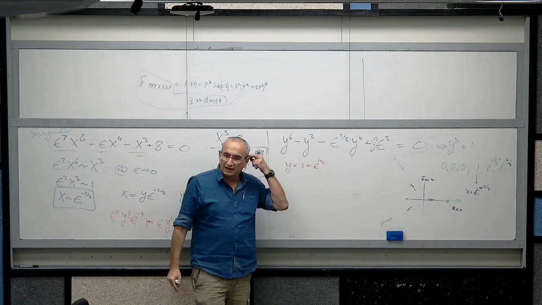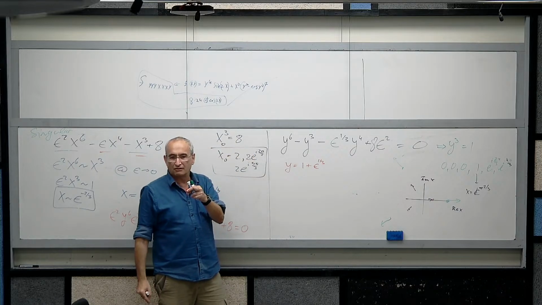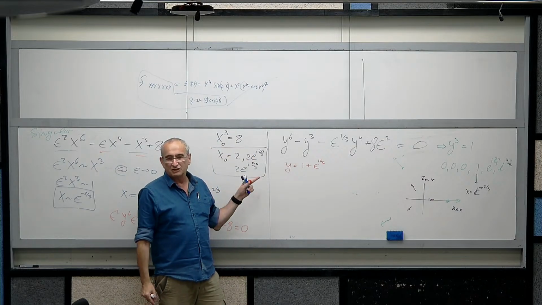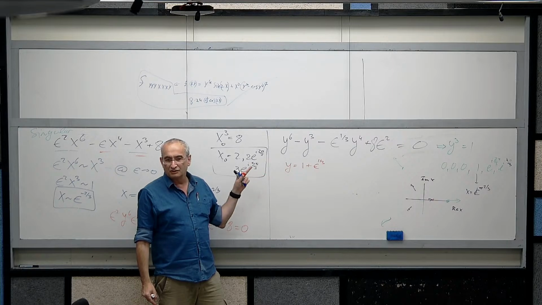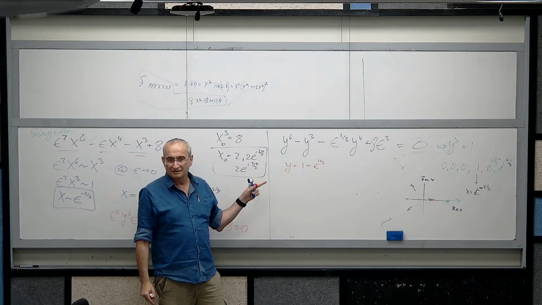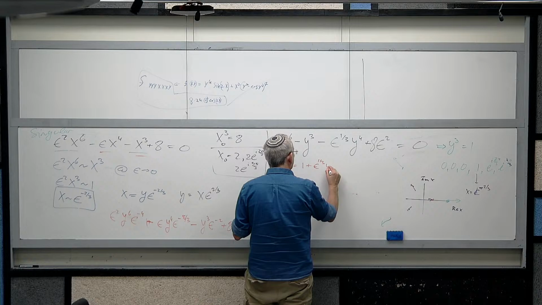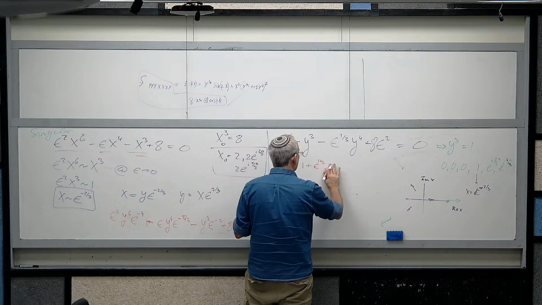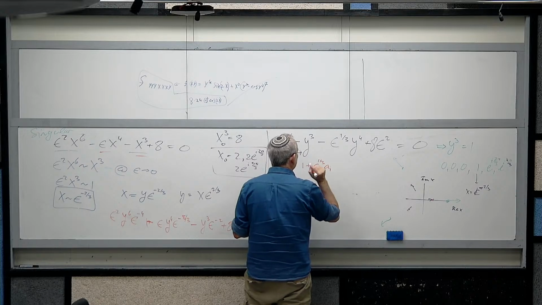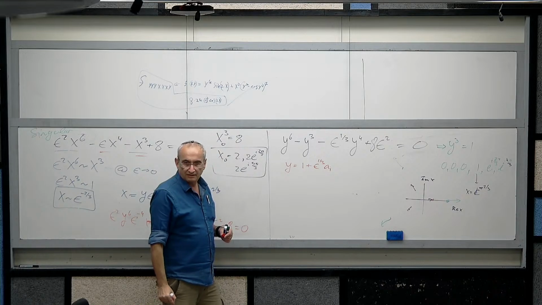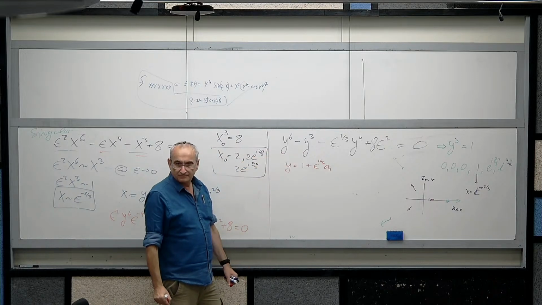Note that when we have singular perturbation theory, the expansion is not in integer units of epsilon. Not necessarily. Plus, not minus. 1 plus epsilon to the 1/3 times a1, say, or y1. Right? And I would like to plug it here.